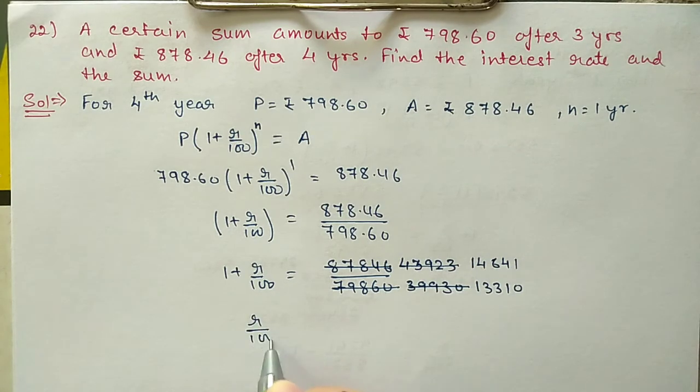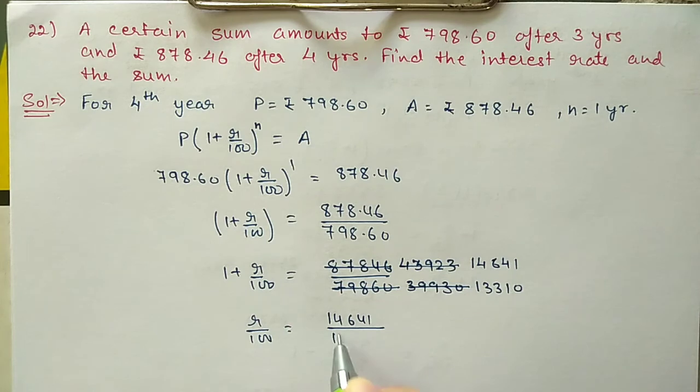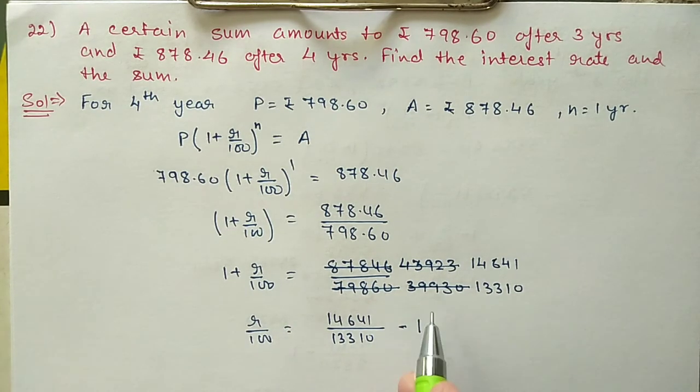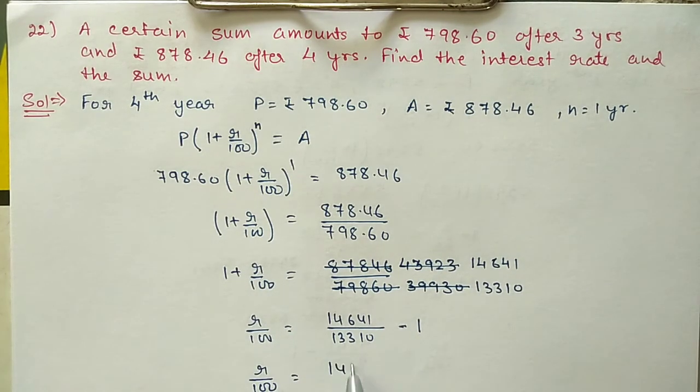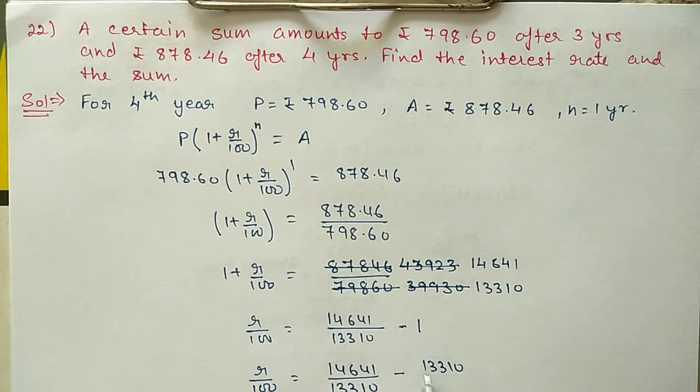R by 100 is equal to 14641 divided by 13310 minus 1. This one we have to change into the same denominator, so we can write it as 13310 divided by 13310.